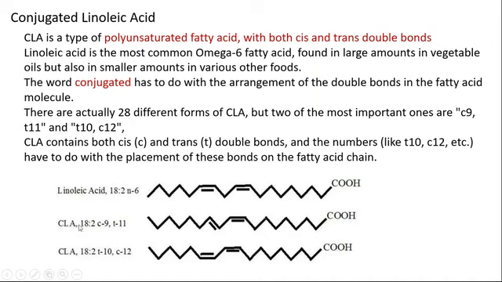So you have CLA, one which has the cis double bond at 9 and the trans double bond at 11. And then you have conjugated linoleic acid with the trans double bond at 10 and the cis double bond at 12.